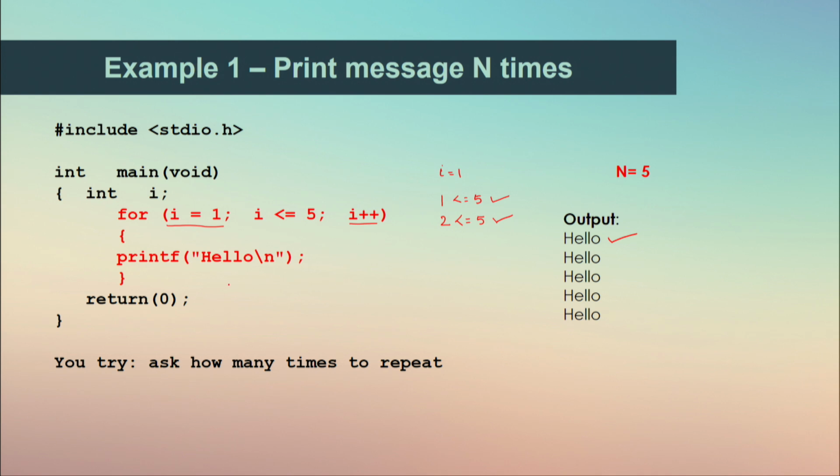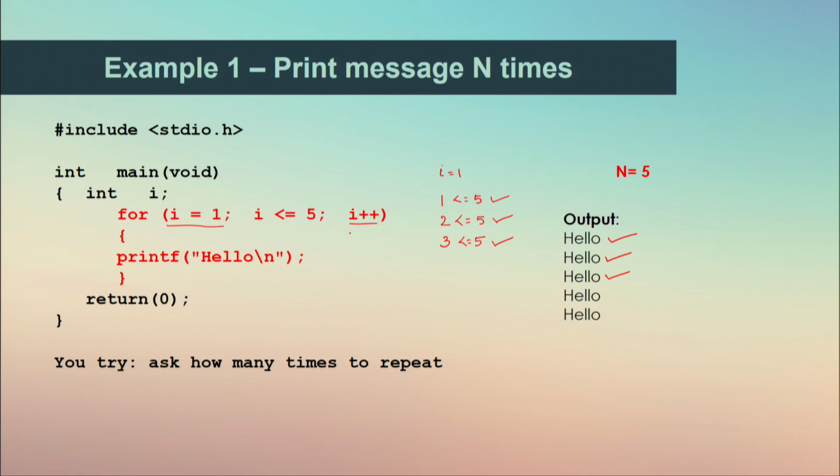So, we execute the body of the loop which displays the string hello. Then we again move on to the increment part. Now I value becomes 3, we are checking with the condition 5 which is again true.